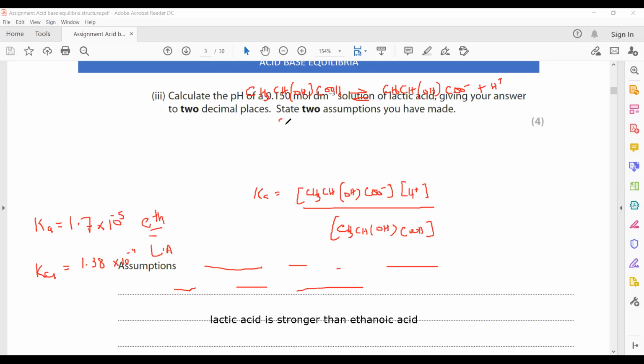This is the original concentration of lactic acid; the original concentration of hydrogen ion and lactate ion will be 0. But at equilibrium, if the concentration of lactate ion and hydrogen ion is X, then the concentration of lactic acid will be 0.15 minus X. But we always neglect this X. Why do we neglect this X in 0.15 minus X?